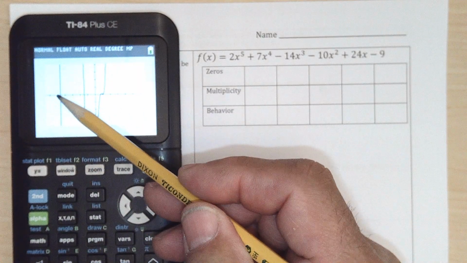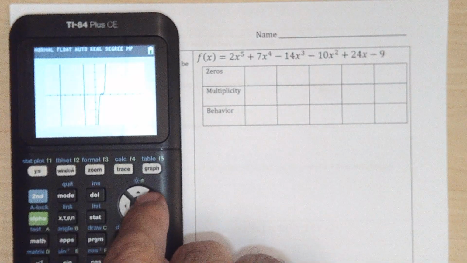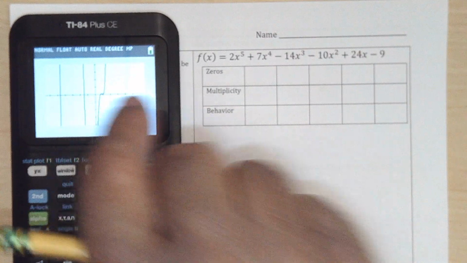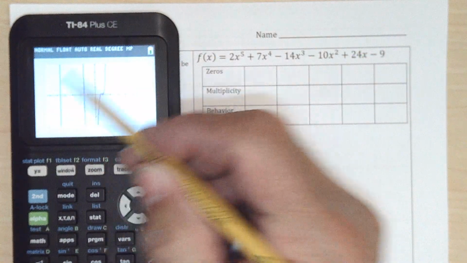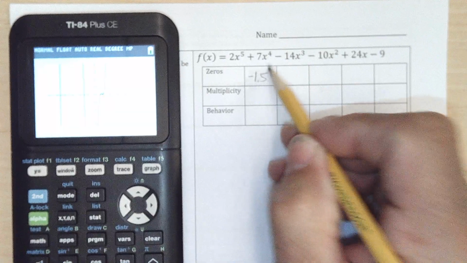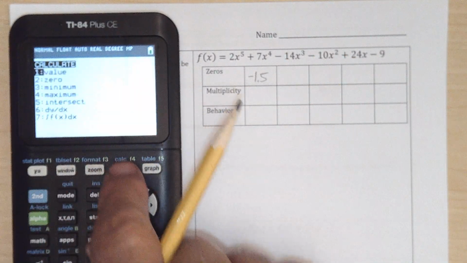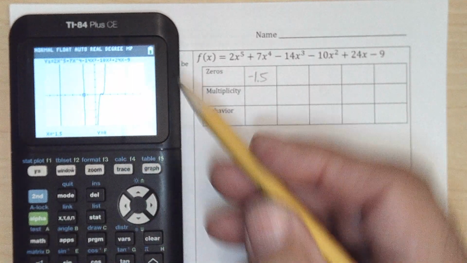And it looks like it has a 0 that's not very well defined there. Looks like there's another one there at minus 1.5. This one's not well defined, but there's one at minus 1.5. I can check that, so I can calculate the value at negative 1.5 and it says, yes, it's 0.